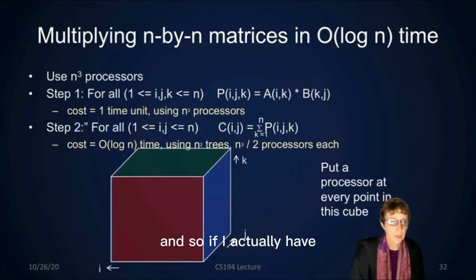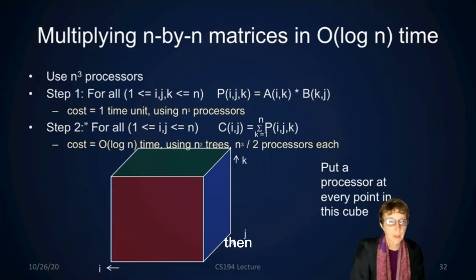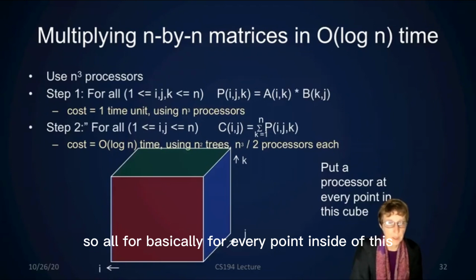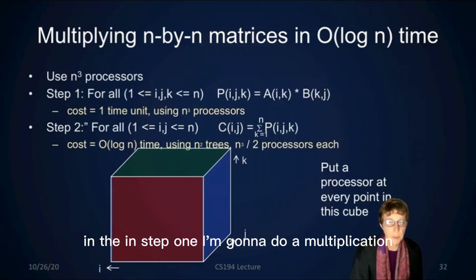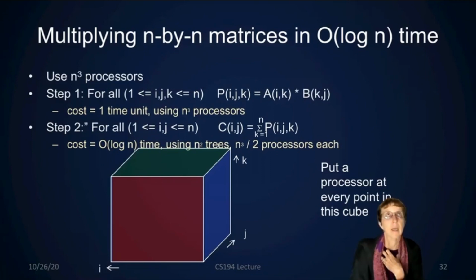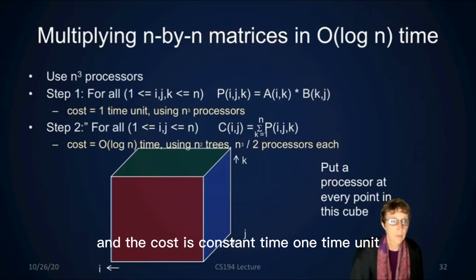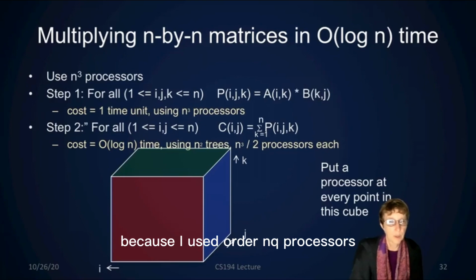And so if I actually have n cube processors, I put them at every one of the internal spots inside of this cube. And then for every I, J, and K, so basically for every point inside of this, in step 1, I'm going to do a multiplication, and I'm going to get a value P I J K, which is equal to A I K times B K J. Okay, so that does the multiply part of the multiply add, and the cost is constant time, one time unit, because I used order n cube processors.